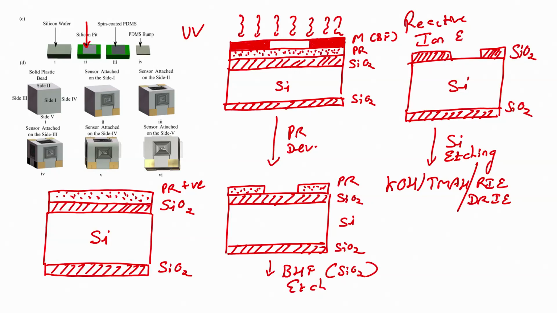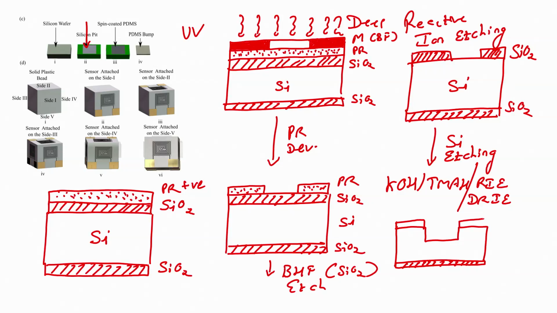When you do that, silicon dioxide acts as a mask during the silicon etch, and you will get the pit.